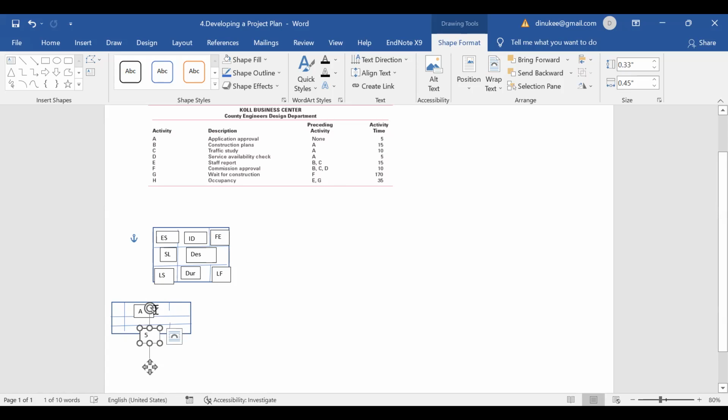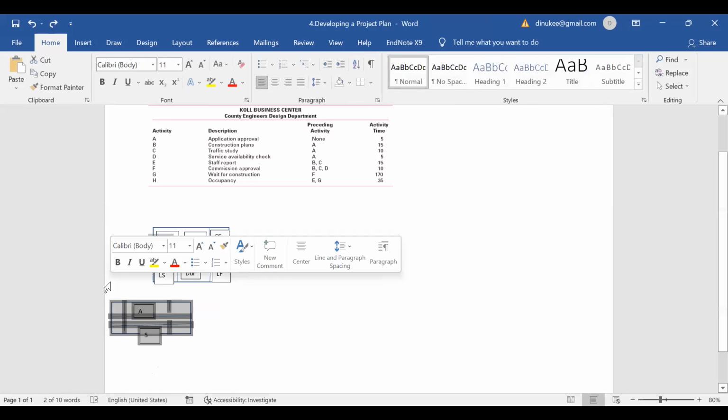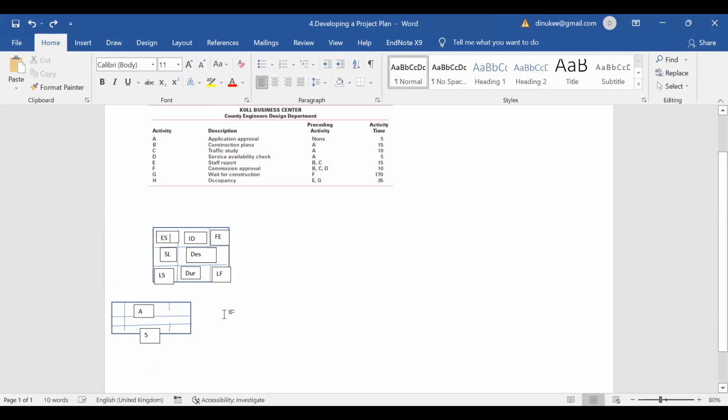And for the early start time for the activity A, there is no preceding activity to be done. Therefore, the early start time for the activity A is 0. Early start time should be 0.